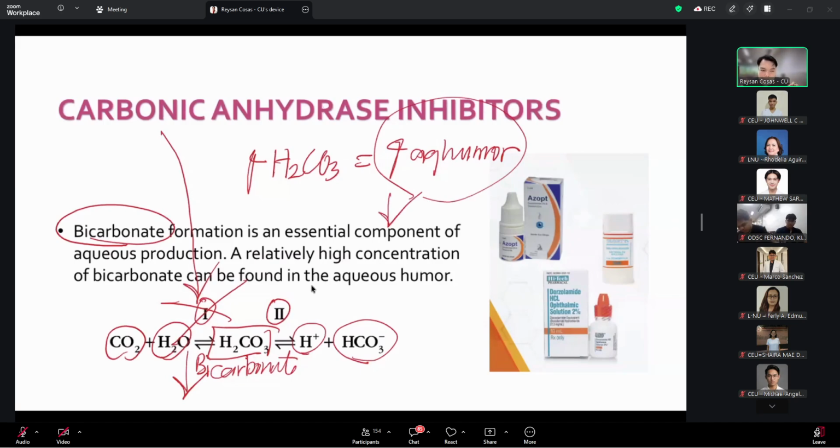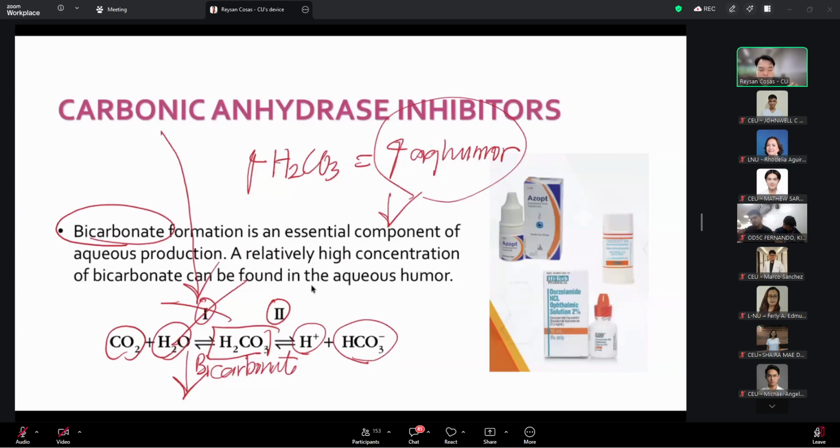So ulit, inhibiting carbonic anhydrase activity, particularly the reaction 1 in the ciliary process, is the most probable mechanism responsible for the decrease in the aqueous humor formation produced by the carbonic anhydrase inhibitors. Production of bicarbonate in the ciliary epithelium appears to play a key role in the formation of aqueous humor.